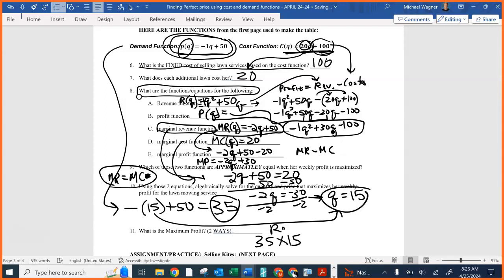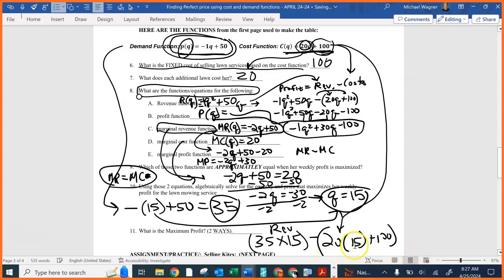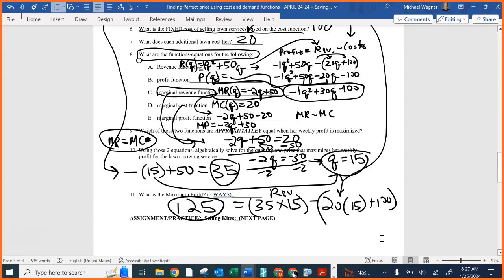That's going to be the revenue minus the cost, and we can use the cost function to get that, right? We can go 20 times 15 plus 100. And I got to put that in brackets. You got to be really careful to put it in brackets because you're subtracting not only the 20 times 15, but you're subtracting 100. And that will give you the profit. We already figured the maximum profit was $125, but those numbers should get us that amount, right? Okay, and that's it.